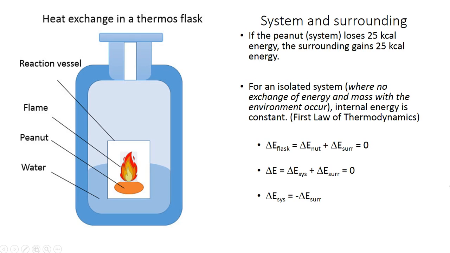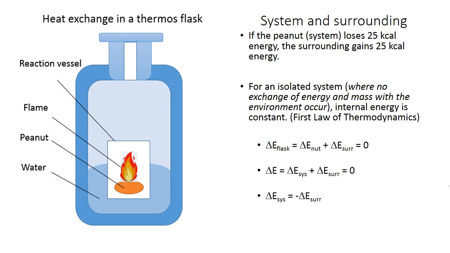This is a simple thing. What it means is, if the system loses energy, the surrounding is going to gain the energy. That's why the system is positive and the surrounding is negative. If the surrounding is negative, the system is positive. So we need to take note that if the peanut is losing energy, will the water be warm or cold?